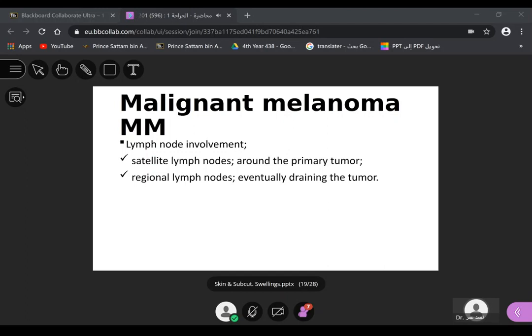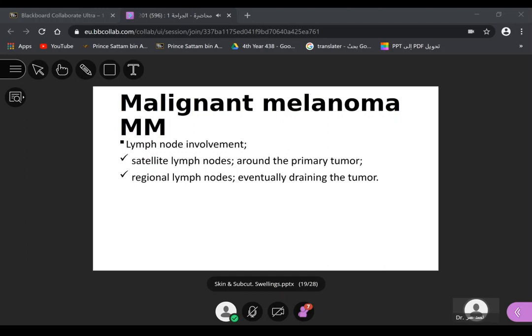Malignant melanoma is a highly malignant tumor. It tends to metastasize to lymph nodes very early. And regarding lymph nodes, there are two types which can be encountered around any malignant melanoma.